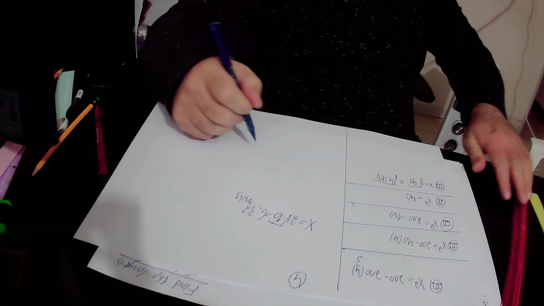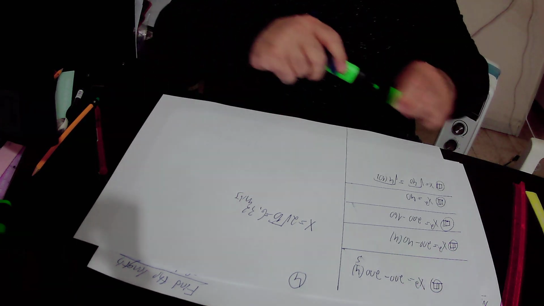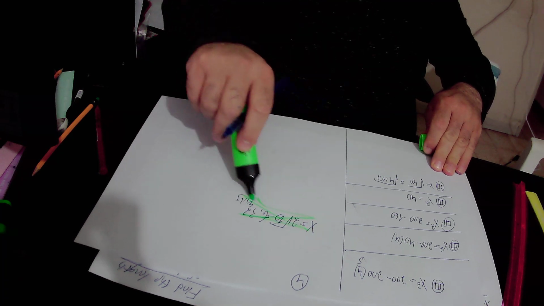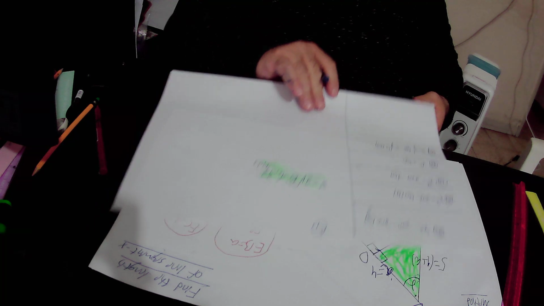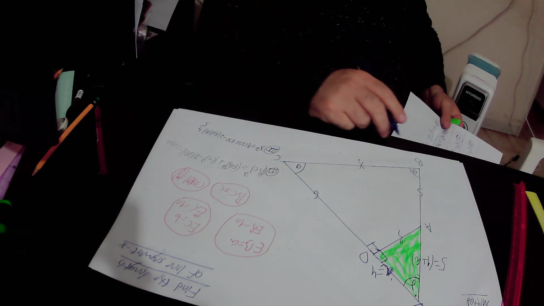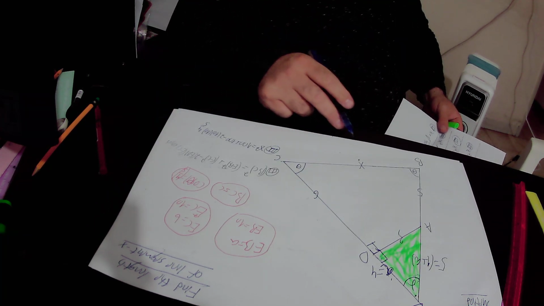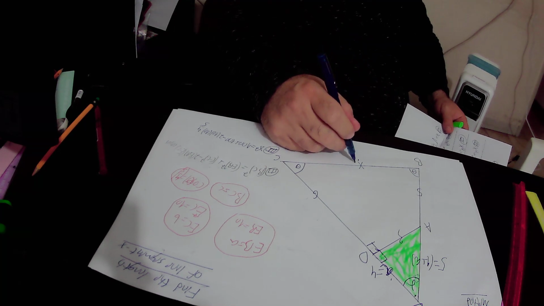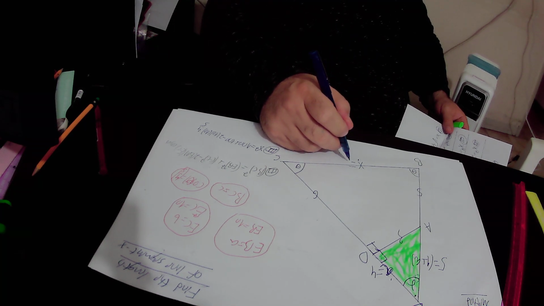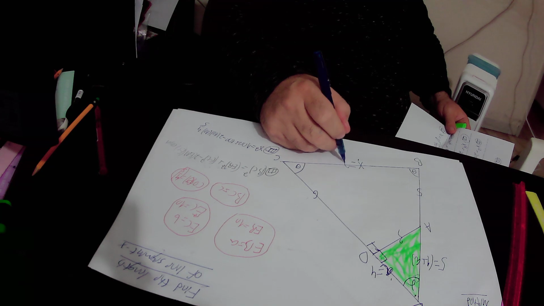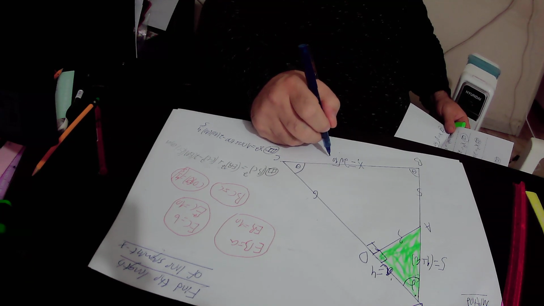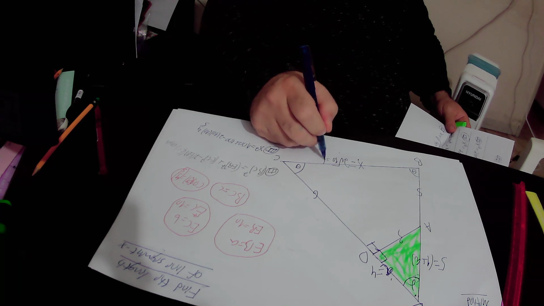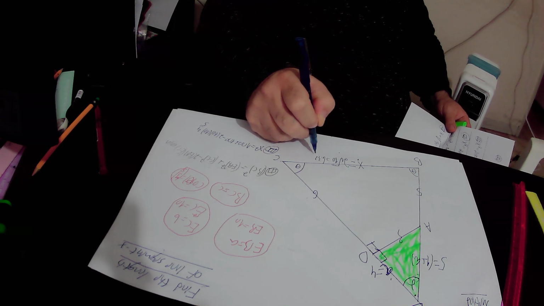Okay. I'll repeat again that the length of this line segment BC that is equal to x, it is equal to 2 times square root of 10 units, or in terms of numbers, it is equal to 6.32 units.